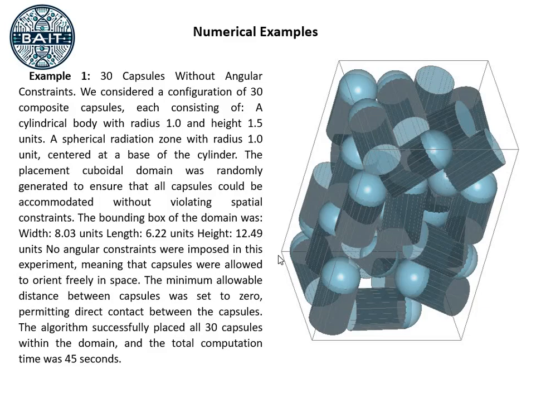The first example has 30 capsules without angular constraints. The minimum allowed distance between capsules was set to 0, permitting direct contact between the capsules. The algorithm successfully placed all 30 capsules within the given domain, and the total computation time was 45 seconds.